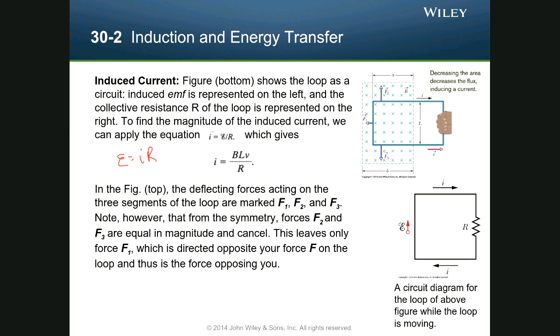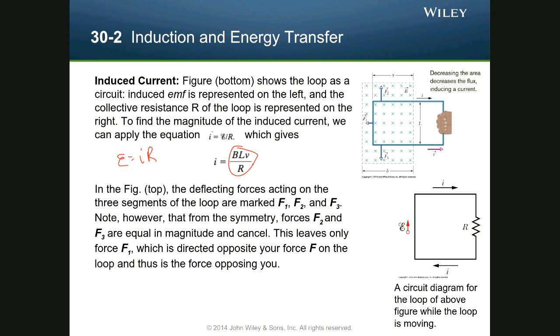And so again, in order to get the direction of the induced current, we just remember, right, we're decreasing flux into the board. So that means our induced field will also be into the board. And so we get the direction of the current pretty easily. But then we also have the magnitude, which can be solved for in a pretty straightforward manner. And we have this expression for the current.